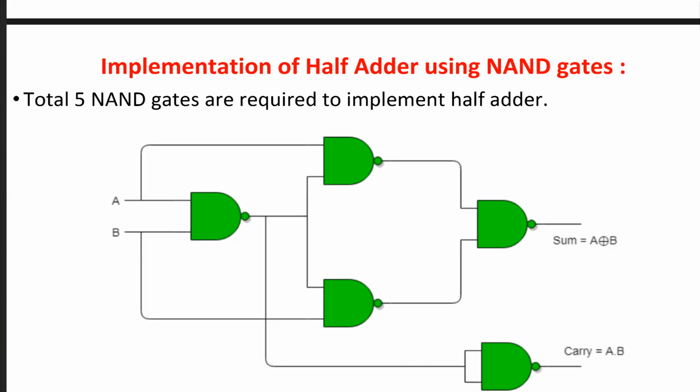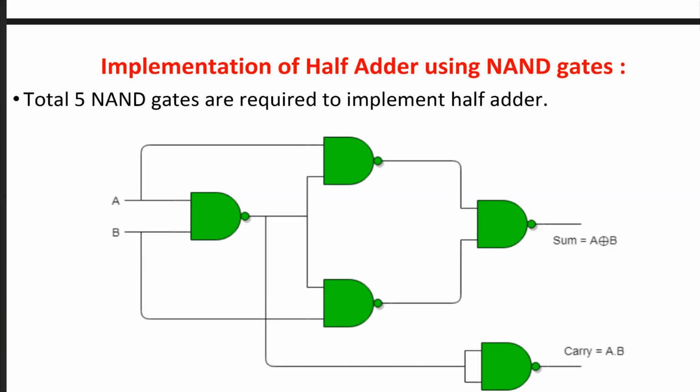So first draw the circuit. I have two inputs and I have 5 NAND gate combinations. Draw this particular circuit. Why are we going for this?